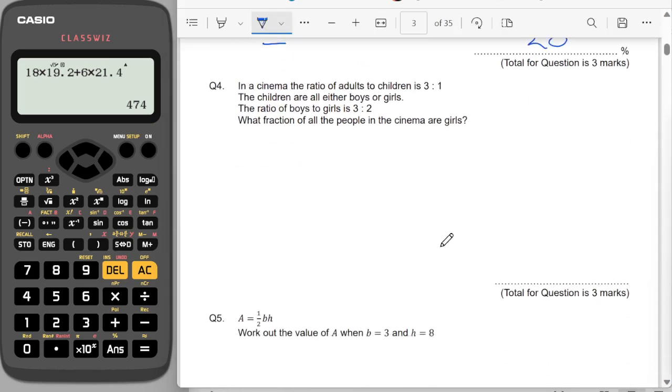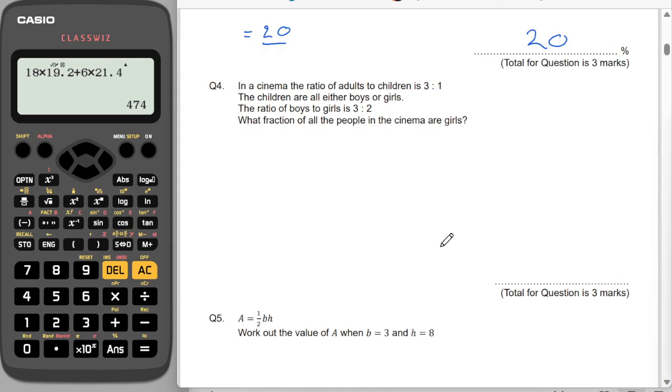Okay, question 4. In a cinema, the ratio of adults to children is 3 to 1. The children are all either boys or girls. The ratio of boys to girls is 3 to 2. What fraction of the people in the cinema are girls? If we've got adults to children in the ratio of 3 to 1, then in effect that means that 1/4 of them, so 1 out of the total number of parts, are children.